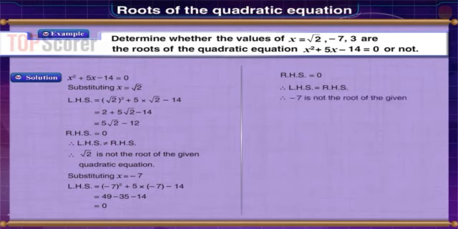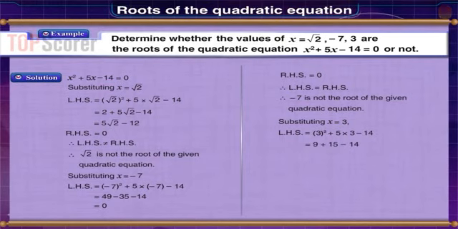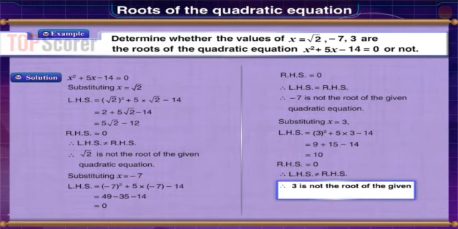Therefore, minus 7 is the root of the given quadratic equation. Substituting x is 3, we get left-hand side is 3 square plus 5 into 3 minus 14, which is equal to 10. Therefore, left-hand side is not equal to right-hand side. Thus, the equation is not satisfied for x is 3. Therefore, 3 is not the root of the given quadratic equation.